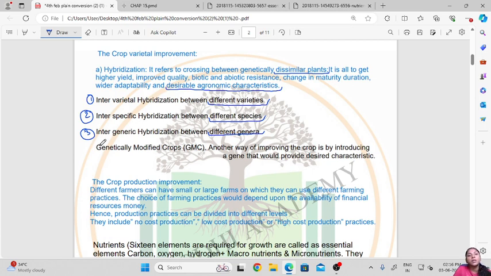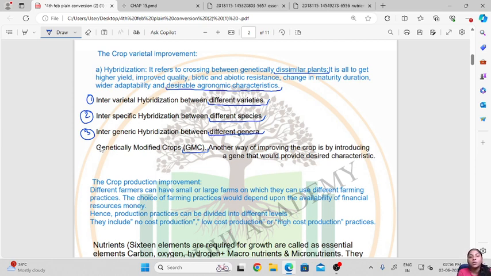Now another way to improve the crop variety is genetically modified crops, or GMC. Now this is another way of improving the crop by introducing a gene that would provide the desired characters.